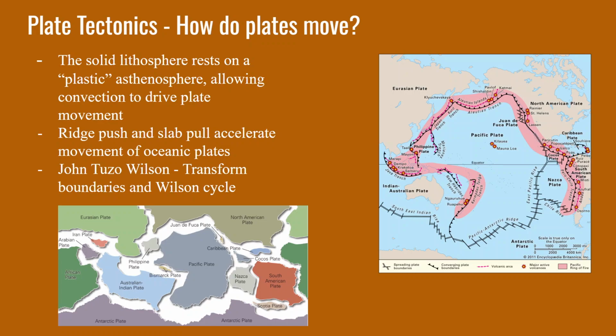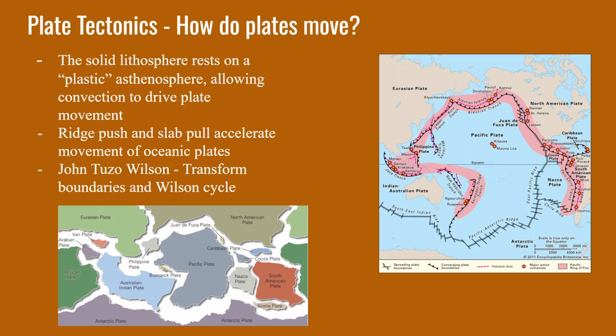Firstly, developing the idea through seismic records and theory that we have, of course, the surface of the Earth is a solid lithosphere, but as we know from one of the previous modules, it rests on this plastic structural layer, the uppermost mantle, or the asthenosphere. And this allows for the very slow movement of plates around the Earth through mantle convection.